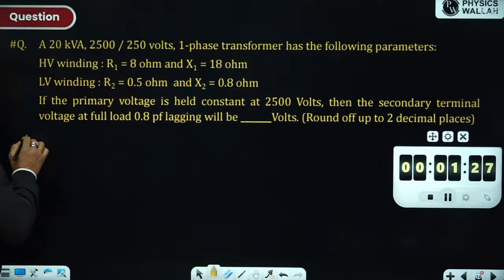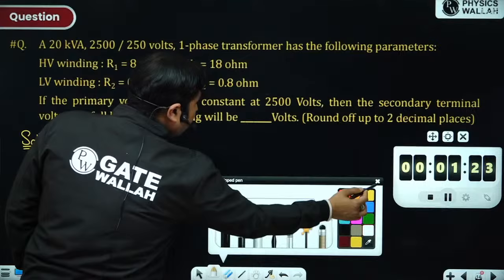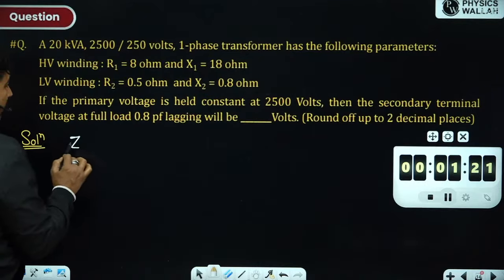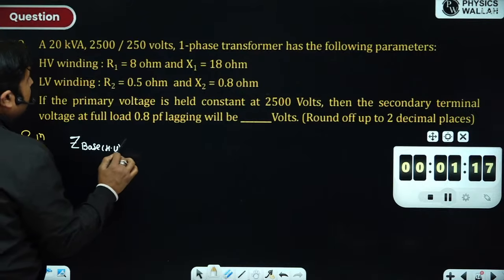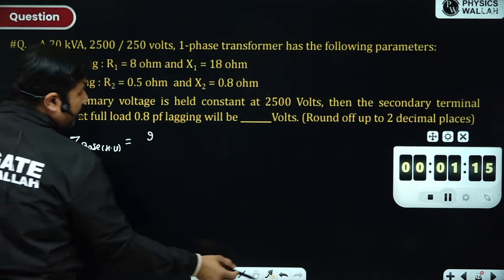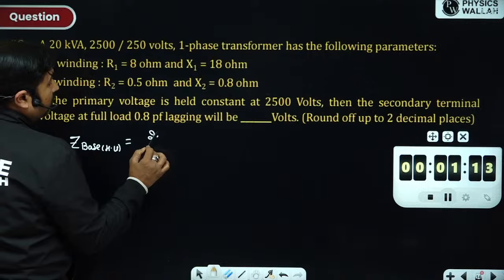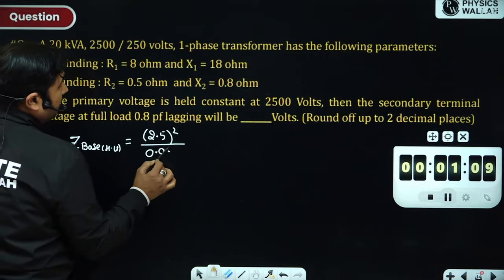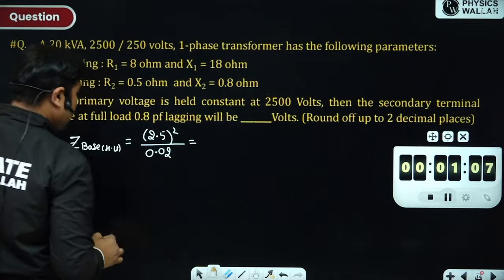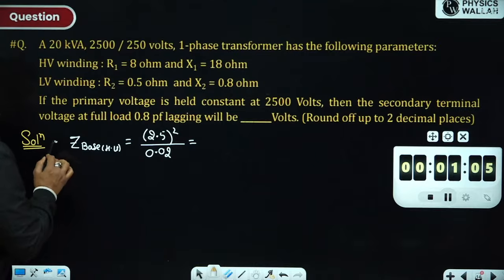For that, we need to calculate X per unit and R per unit. Yes sir, for that, first of all, we need to calculate Z base. So let's take the HV side. Z base HV side will become kV base square, that is 2.5 square, upon MVA base, so 20 kVA means 0.02.